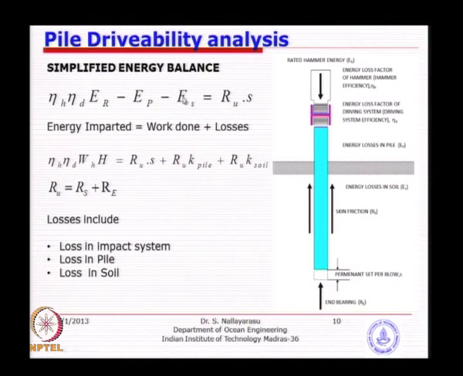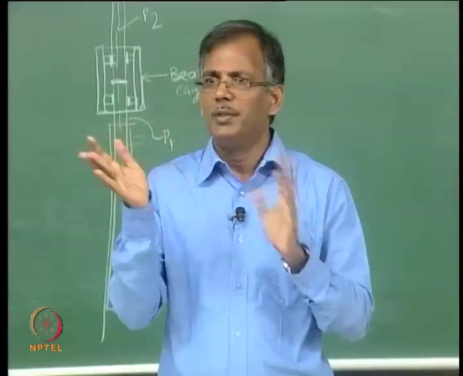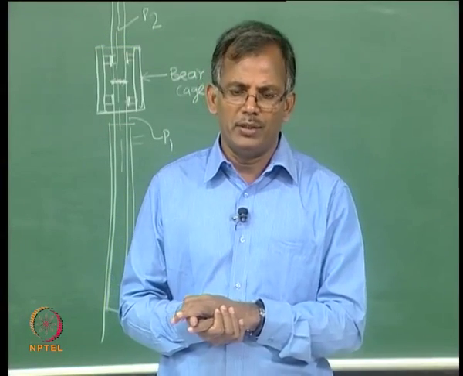This was actually the starting point of almost all empirical formulas developed in the literature in the past. From the 1940s, people have been using this idea, which we call the simplified pile driving formula, or sometimes the dynamic pile driving formula, or the engineering news formula. Several formulas have been in use.